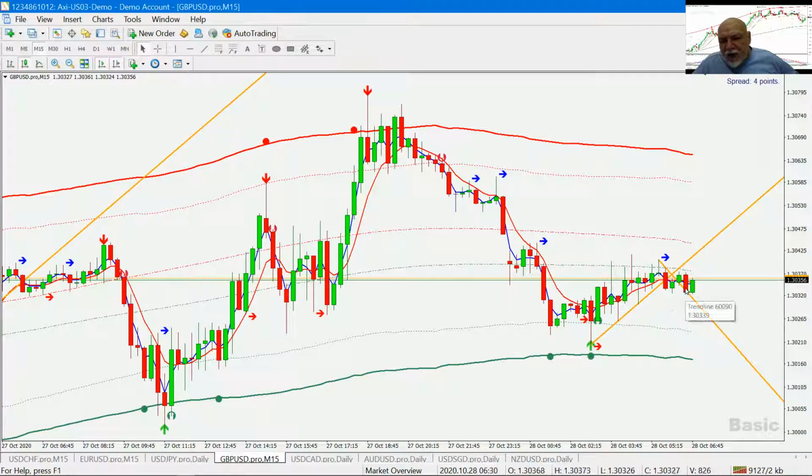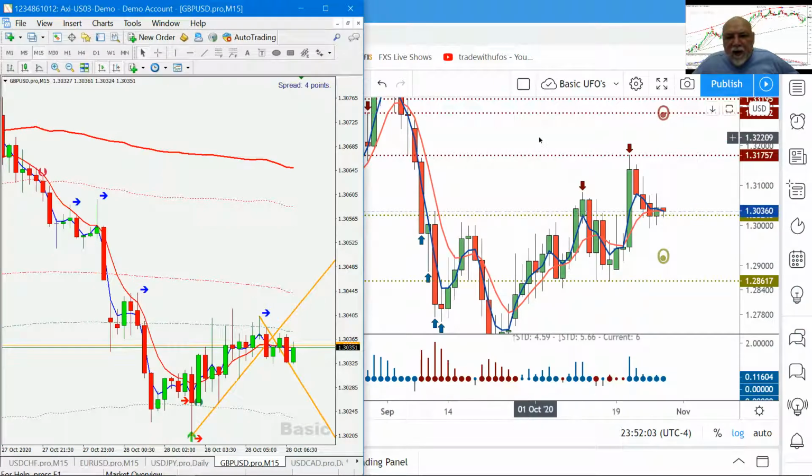So on the 15-minute chart, it looks like price still wants to come down, and our river, the trend of the channel, is still kind of flat to slightly down. Let's take a look and see how this looks on the 15-minute here.